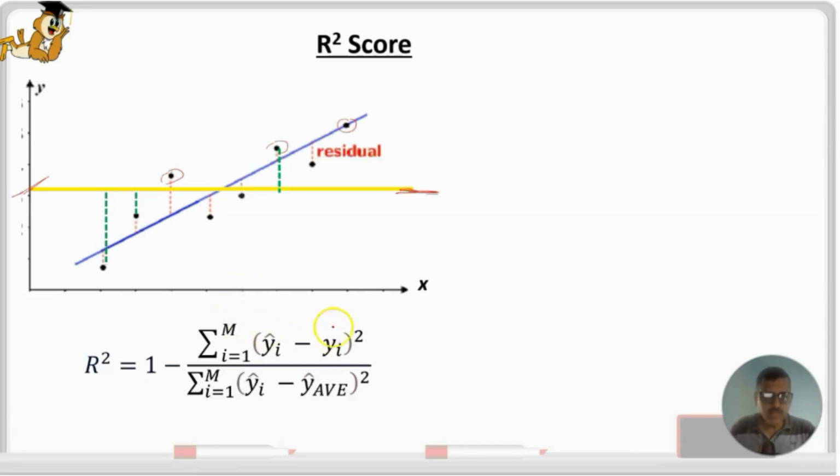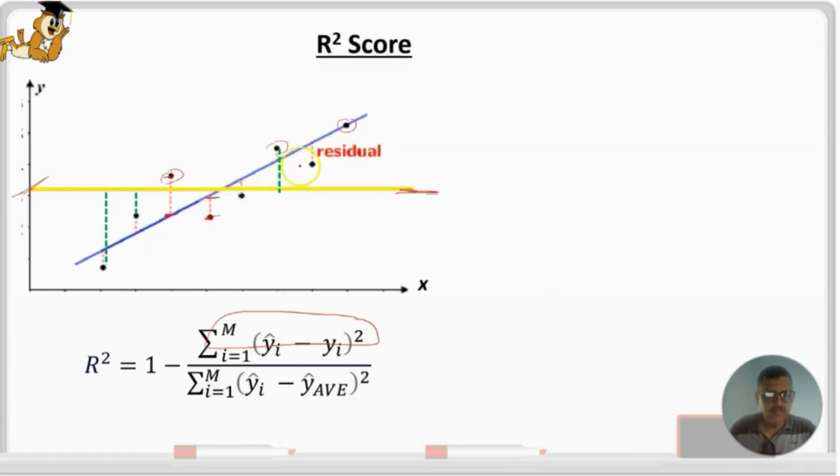Now, the numerator over here is simply the sum of squares of the reds. For each of these points, I have drawn a red dotted line, which is the difference between the y of the black dot and the y value on the blue line for that point. Similarly, for this point, the difference between the observed value and the prediction made by the linear predictor is this, and so on.